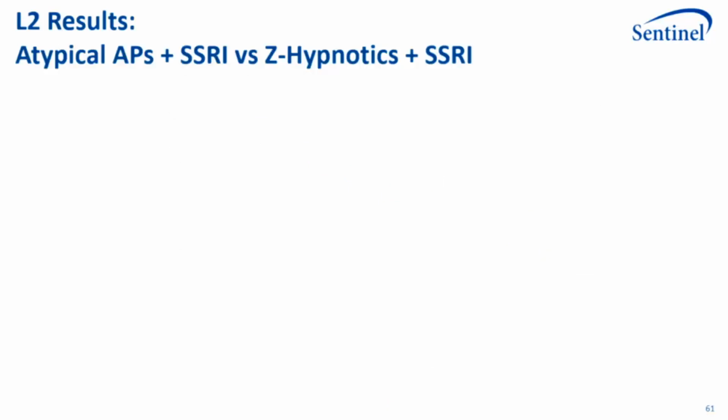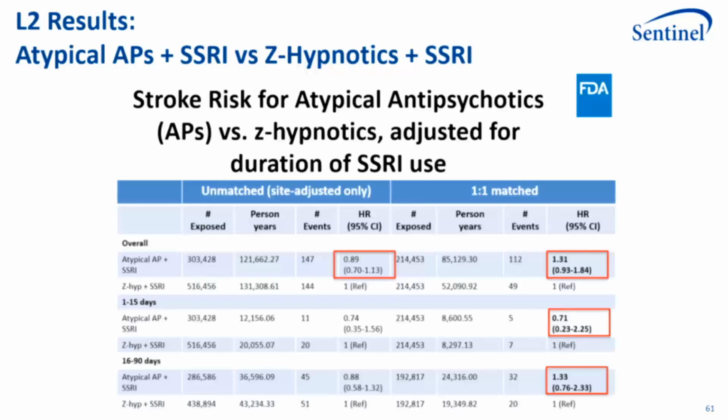Moving forward to the Aim 2 results. This is a slightly different comparison. Remember that we end up choosing the atypical antipsychotics and comparing them with Z-hypnotic users. Both of them have baseline SSRI use. None of the hazard ratios in the unmatched cohort suggest any significant elevated risk.